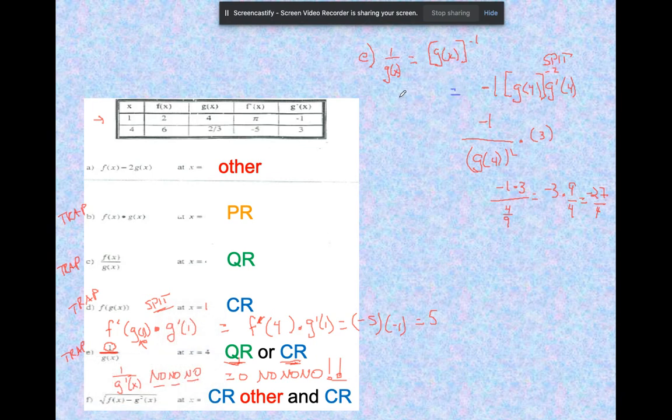Let's say I use the quotient rule. The quotient rule is the bottom squared, check. Then it is the bottom, g of 4, times the derivative of the top, which is 0, which means that whole side is going to go away, minus the top times the derivative of the bottom.